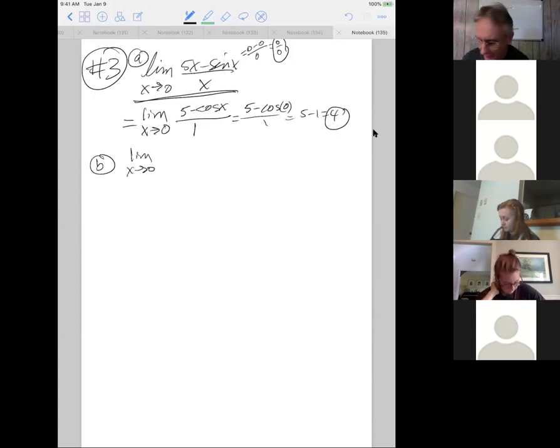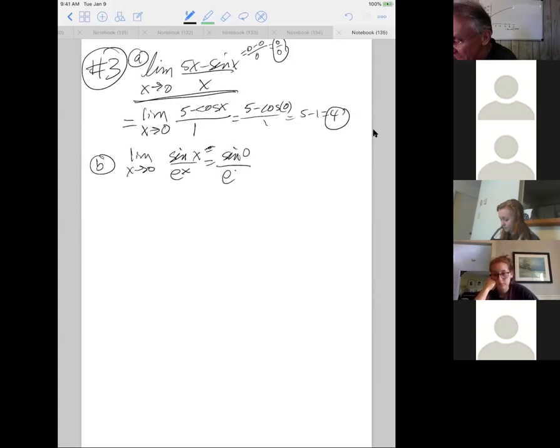All right, so now we've got sine x over e to the x. Several of you jumped in and took the derivative of the top and the bottom. That misses the point, okay? You plug in 0 and you find out L'Hopital doesn't apply here. You get the sine of 0 over e to the 0.